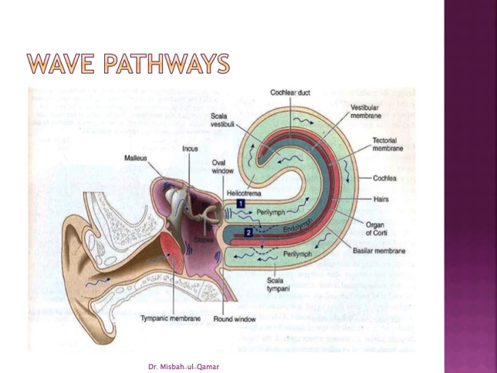By bending the hairs or the stereocilia of the hair cells on the organ of Corti, which is present on top of the vibrating basilar membrane. Because this basilar membrane is displaced in relation to the overlying tectorial membrane. So this is how this shortcut causes the generation of the nerve impulses from the hair cells.